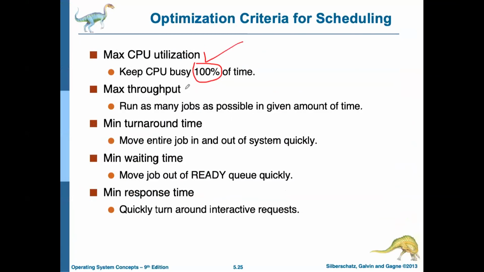And then maximum throughput: of course, run as many jobs as possible. This is also a target. For each algorithm you create, when talking about optimization, these are the things you need to achieve. If you can achieve that, your scheduling is good.